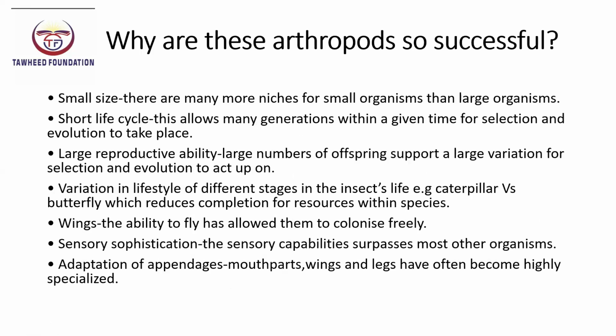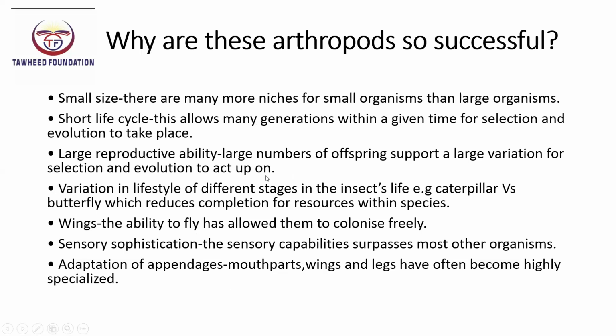Why are these arthropods so successful? Arthropods' evolutionary success stems from multiple factors. Their small size provides access to many ecological niches. High reproductive output leads to genetic diversity. Different life stages often exploit varying resources, reducing internal competition.